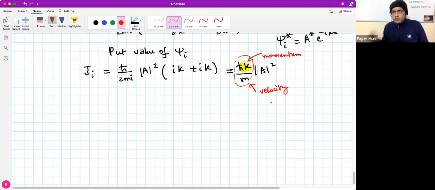You have a velocity multiplied by the number of particles per unit length, or per unit area, or per unit volume, depending on which dimension you're working with. We had already written down yesterday that this interpretation was number of particles. Now number of particles is already connected with the probability. So, number of particles per unit length.